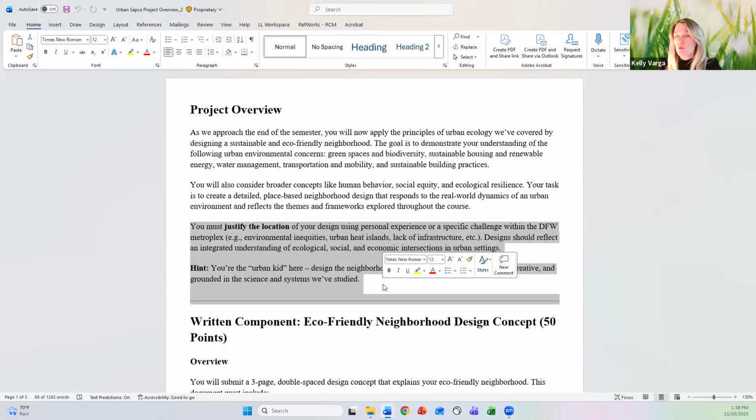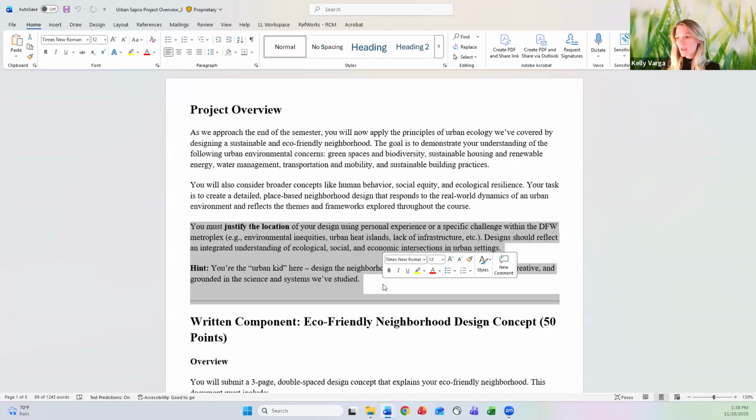So again, in the last couple of your discussion boards, you have been going out and interacting with the environment, taking a look around, taking photos of spaces that are in and around your urban environment, or out in your rural environment that may be on the fringes of the transition between rural and urban, as we think about towns and smaller cities.